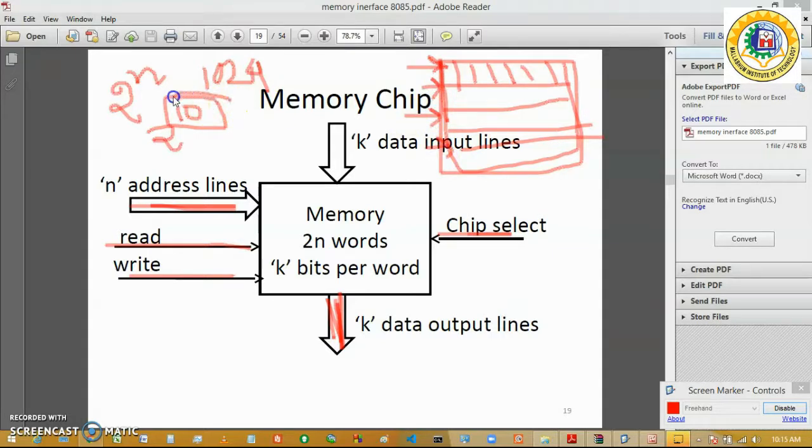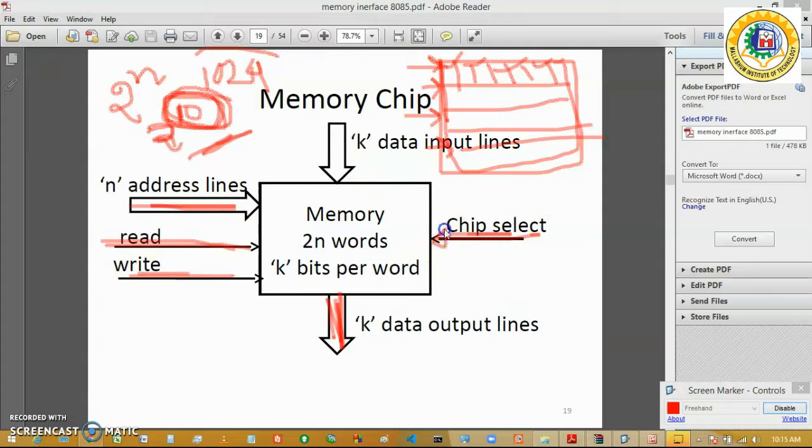If there are 10 address lines, then we can uniquely identify 2 to the power 10 different locations, and within each memory location we can store 8-bit data. Also the read, write and chip select lines are there.